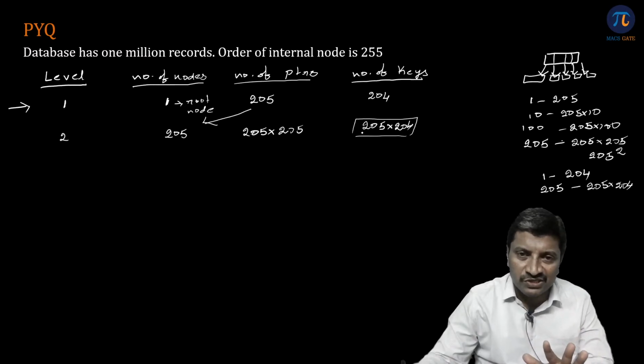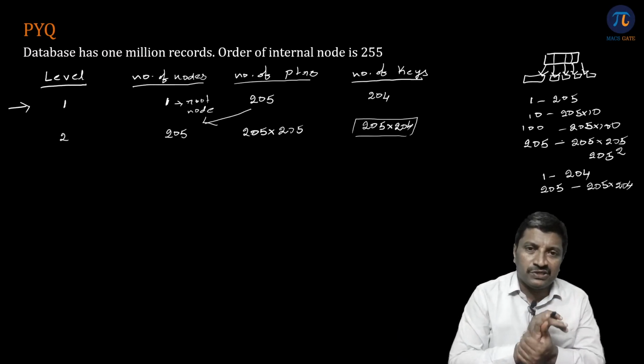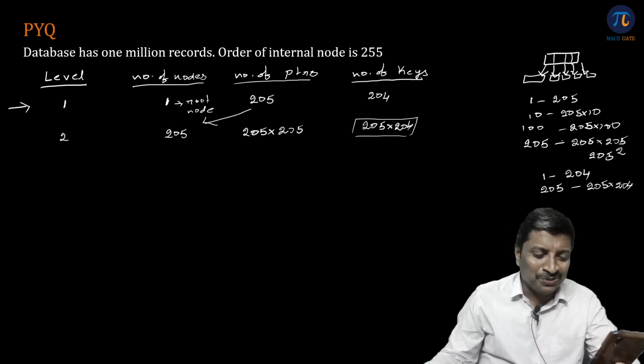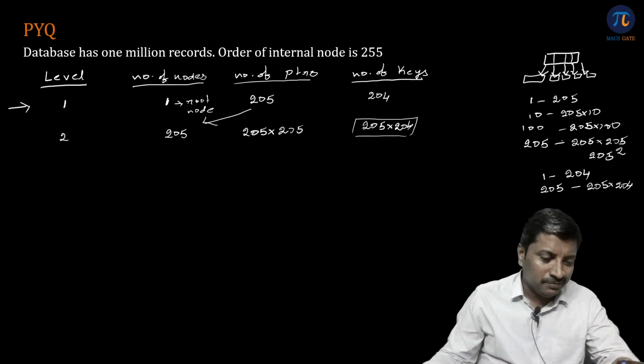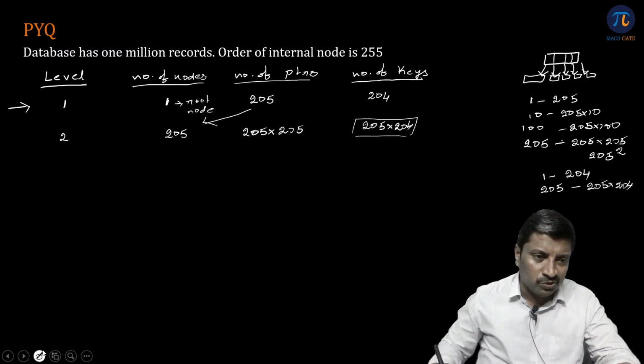I have only 2 levels, because in the last level I am able to fit all 1 million records. What is the value of 205 into 204? Let me calculate it. I think we get 41820.